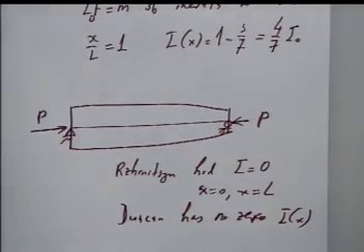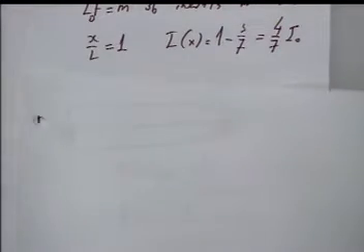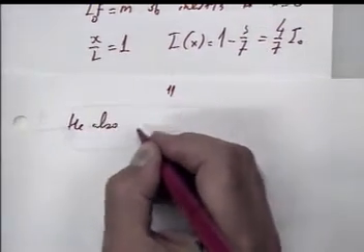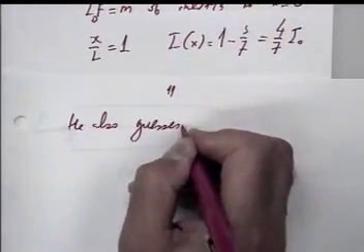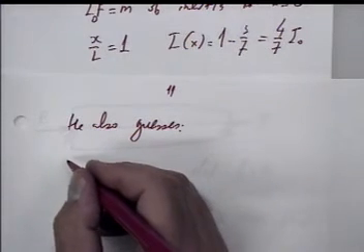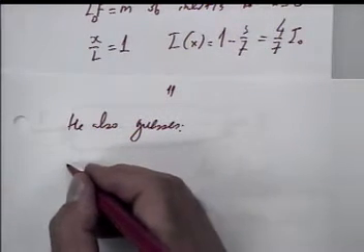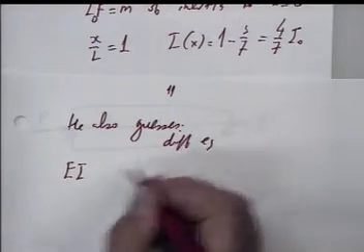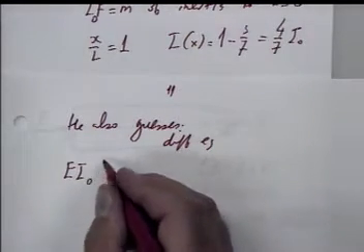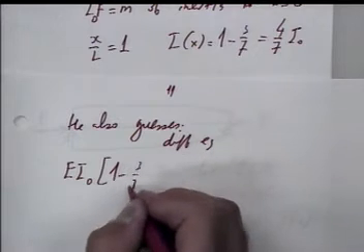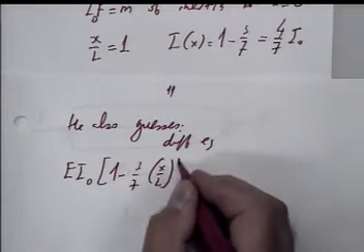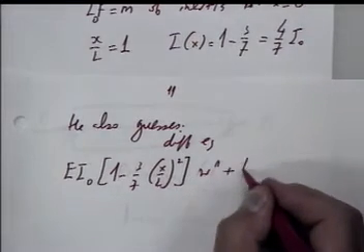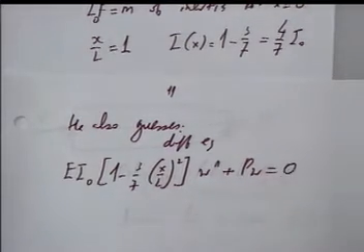Now Duncan says, he also guesses. He says, okay, first of all, the differential equation will be EI0 times 1 minus 3/7 x over L square, W second derivative, plus PW equals 0.